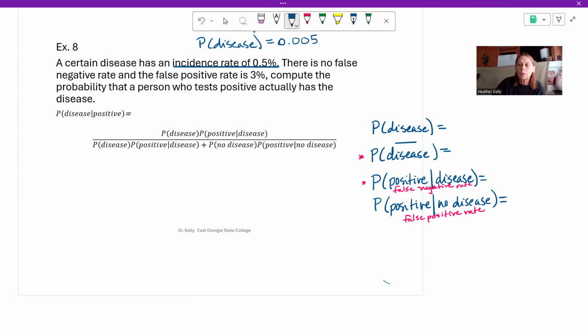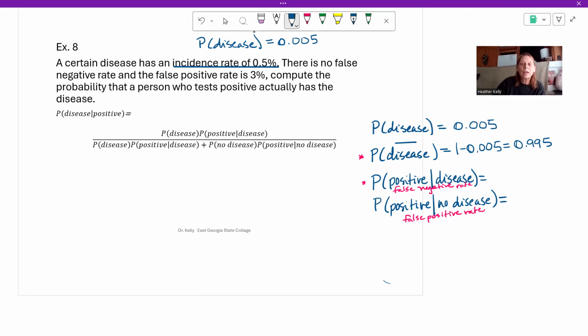And that's what we're going to have here, 0.005. Now the probability of no disease is 1 minus the probability of disease. So that's going to give us 0.995.